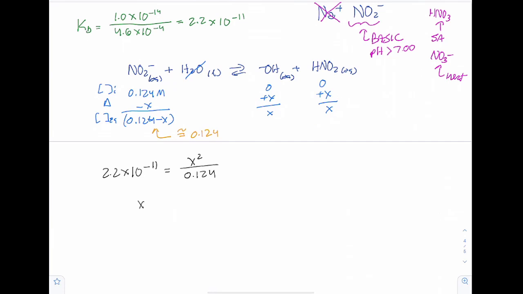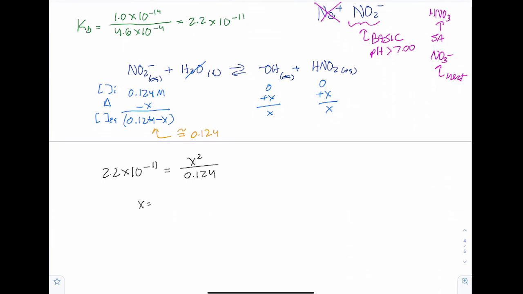So I'm grabbing my calculator again. Just like in the last problem, I am leaving everything in my calculator instead of clearing it out and retyping it in. So if your answer is off a little bit from mine, that's what's going on there. And I actually got a different answer than when I did this earlier, so I'm going to do it again. I am actually going to retype it in. So 2.2 times 10 to the negative 11th times 0.124, and then the square root of that answer.